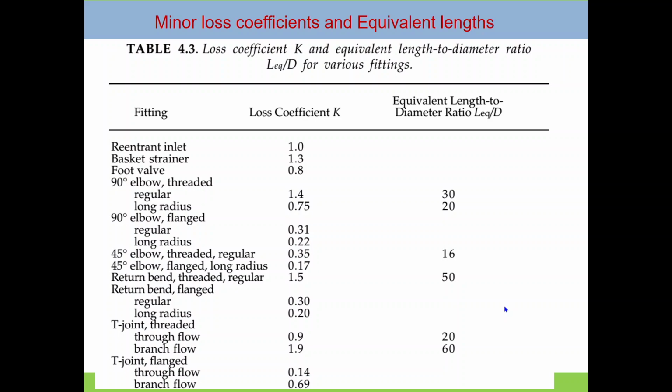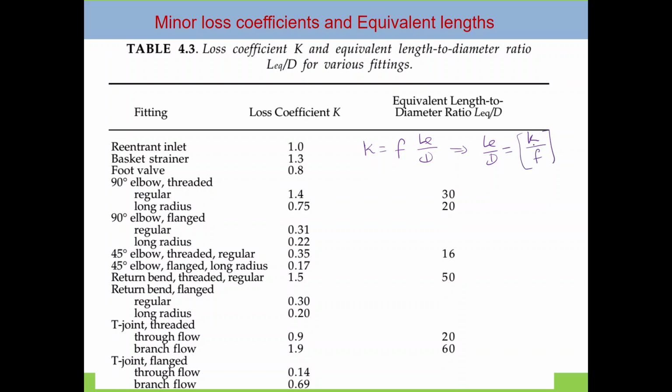So this table shows that if we know the loss coefficient K, and as we saw in the previous slide that K is equal to f LE over D, then if you want to find LE over D, that is equal to K over f.